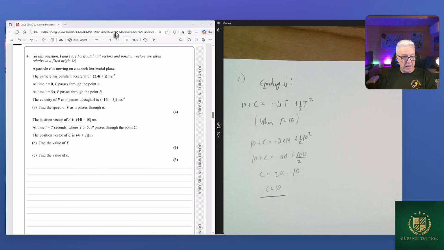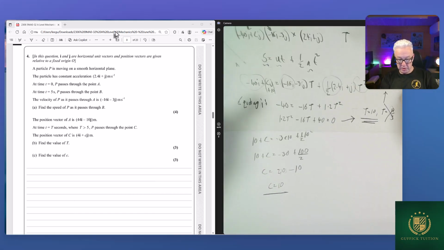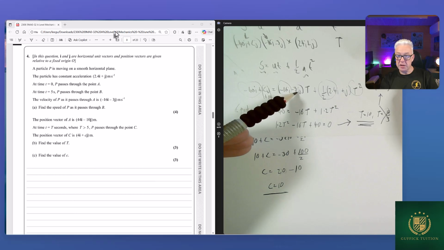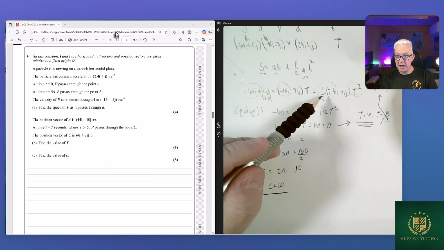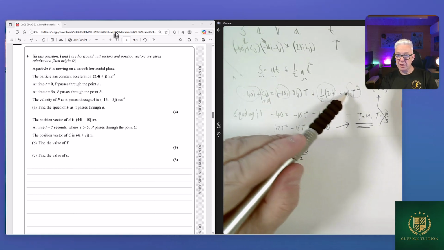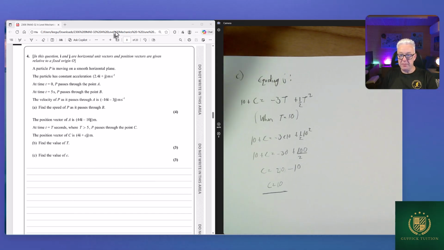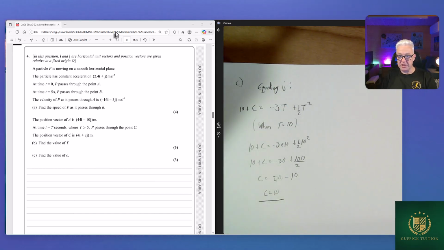So find the value of c. So as you can imagine now, we're going to equate the j components of what we had a moment ago. So equating the j components, what have we got? 10 add c is going to equal minus 3t, plus a half times 1 times t squared.